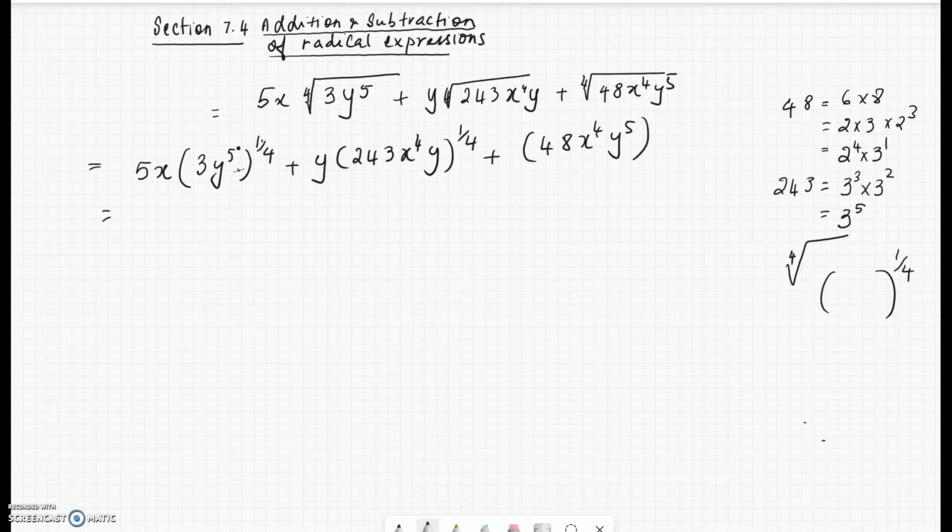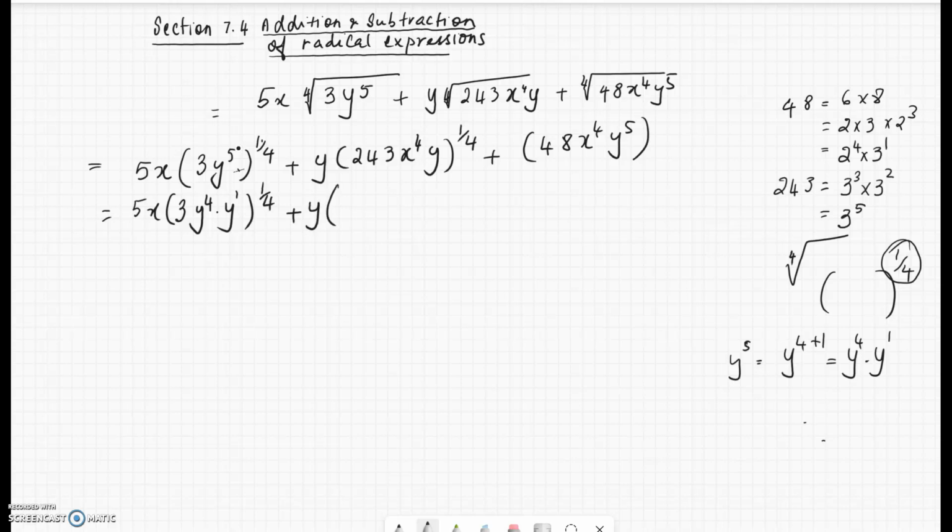Now y to the 5th, since the exponent is 1/4, I'm going to write it as 4 plus 1. So I can write it as y to the 4th times y to the 1. So this is 5x (3y to the 4th times y to the 1) whole to the 1/4, plus... and 243 is 3 to the 5th power.